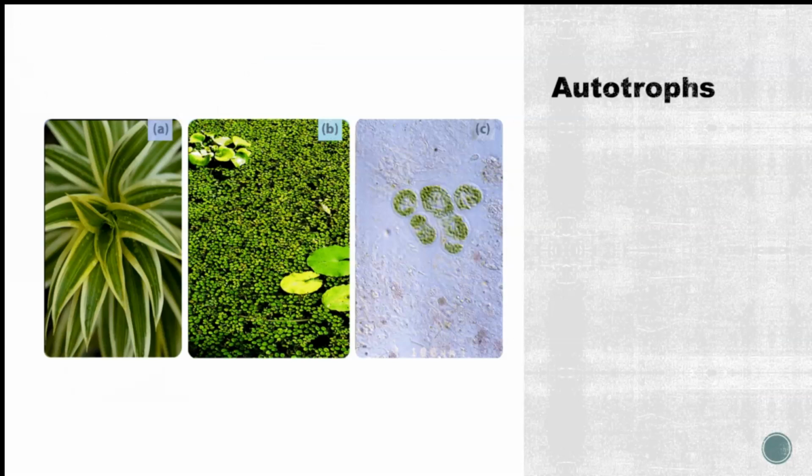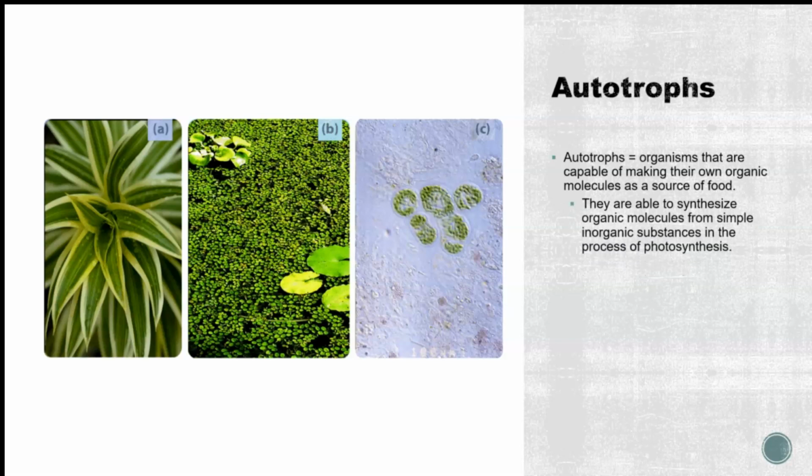So our autotrophs, first of all. Organisms that are capable of making their own organic molecules as a food source. They are able to synthesize organic molecules from simple inorganic substances in the process of photosynthesis. So we've looked at our photosynthesis, okay, and that being that carbon dioxide and water, with the addition of our chlorophyll and our light energy, form that complex carbohydrate, our glucose, and the oxygen that's released.